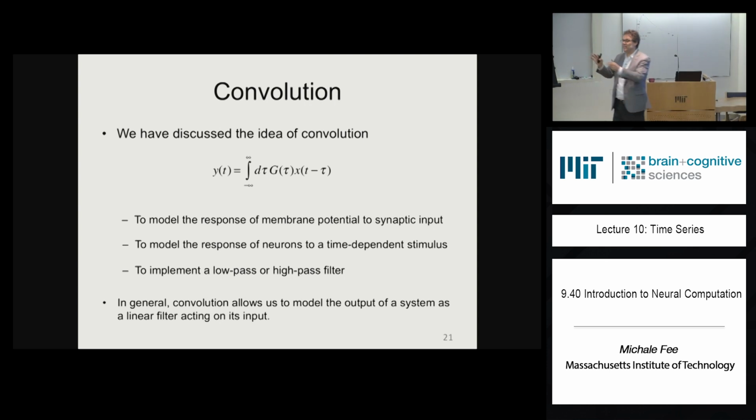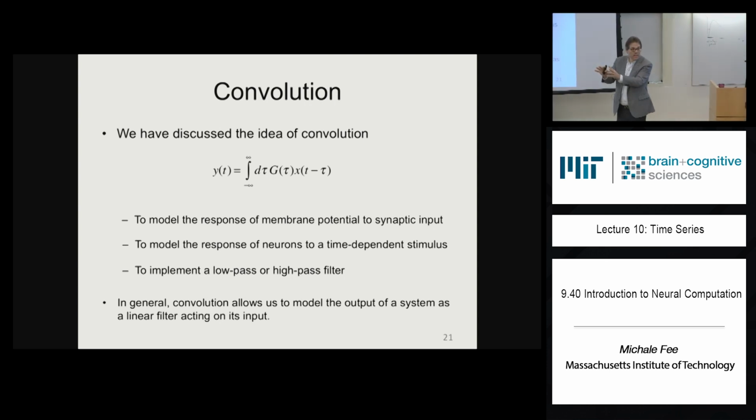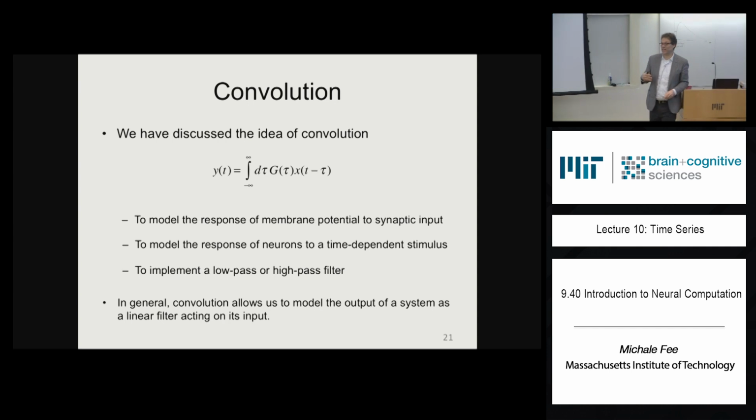The system is sensitive to particular patterns in the input. Those patterns can be detected by a filter. So you apply that filter to the input and you estimate how the system responds. It's very broadly useful in engineering, biology and neuroscience to use convolutions to model how a system responds to its input.